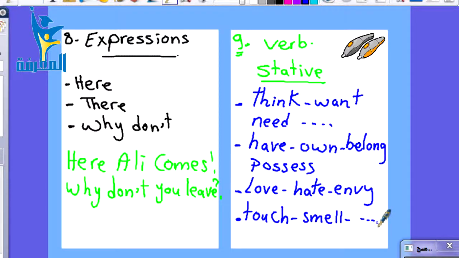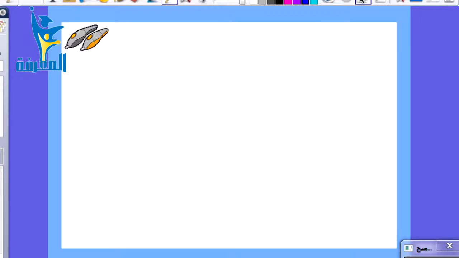These are the verbs that will not take -ing at the end, either with the past continuous or the present continuous. So we put them in the present simple tense to express an action in the present. Let's talk about another point of the present simple tense.